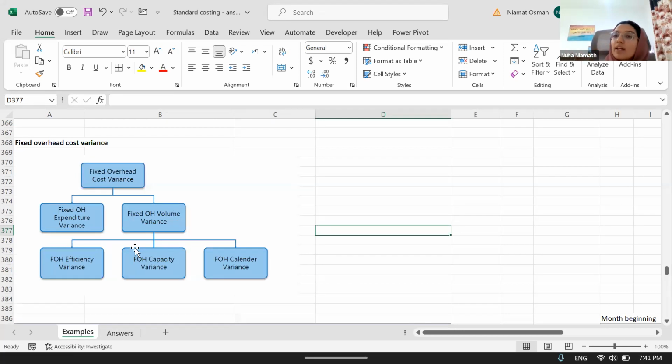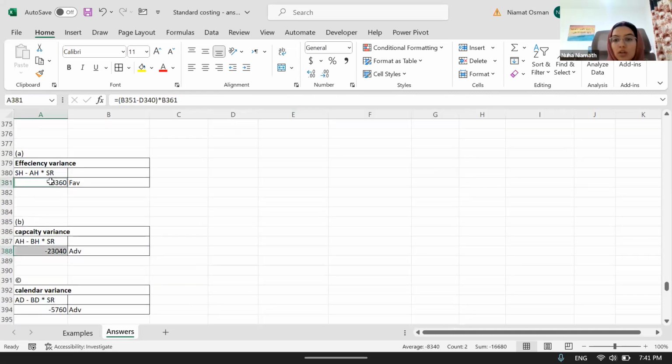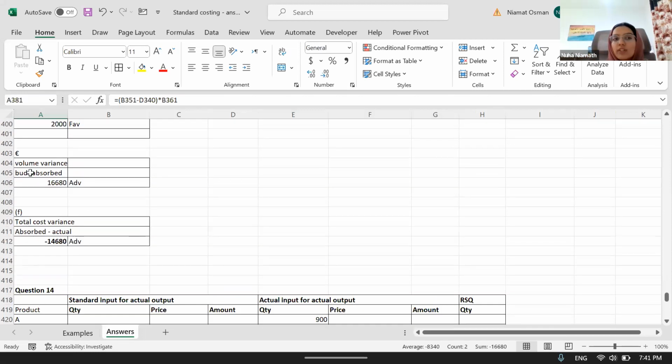You're just calculating one on the number of days and one on the basis of number of hours. So all three will not add up to volume variance. However, efficiency variance and capacity variance will always add up to your volume variance. So this way you can confirm.